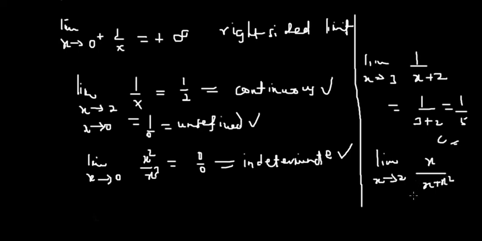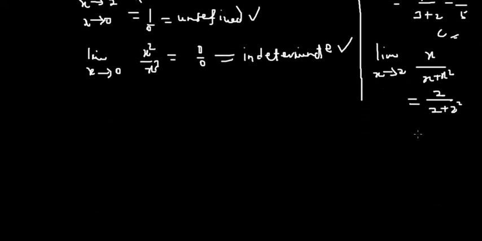Once you do the substitution, you end up with 2 divided by 2 plus 2 squared, and that will give us 2 divided by 2 plus 4. And then we end up with 2 on 6, which is also equal to 1 on 3. So you could just proceed with all that.